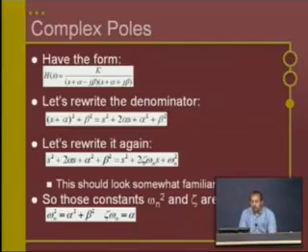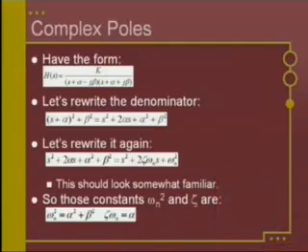Rewrite that again, replacing alpha with zeta times omega n, and alpha squared plus beta squared equals omega n squared. Does that look at all familiar?